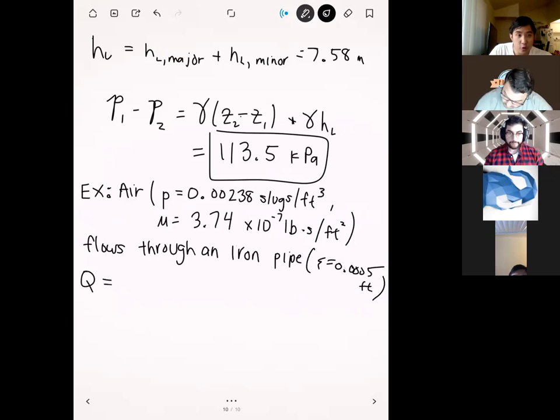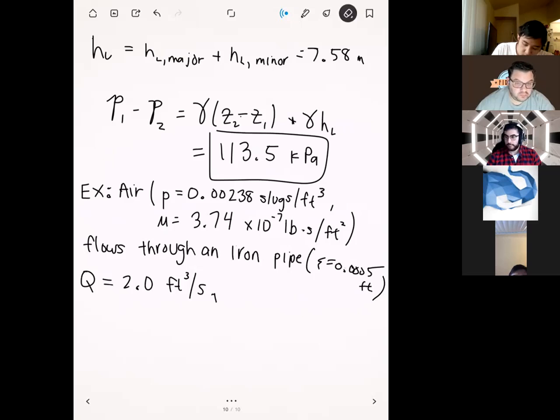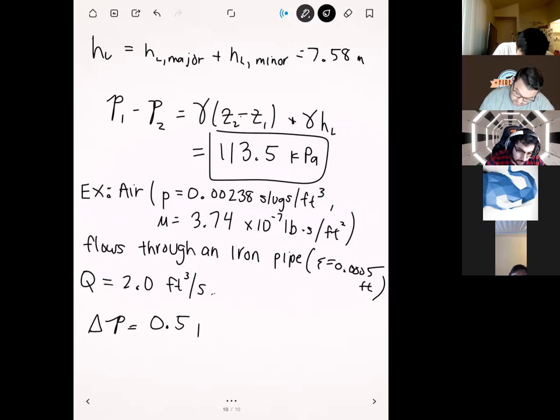We're also given that the flow rate is going to be 2 feet cubed per second. We're also given the pressure drop, and the pressure drop here is going to be 0.5 psi. And the length of the tube we're given is going to be 100 feet.